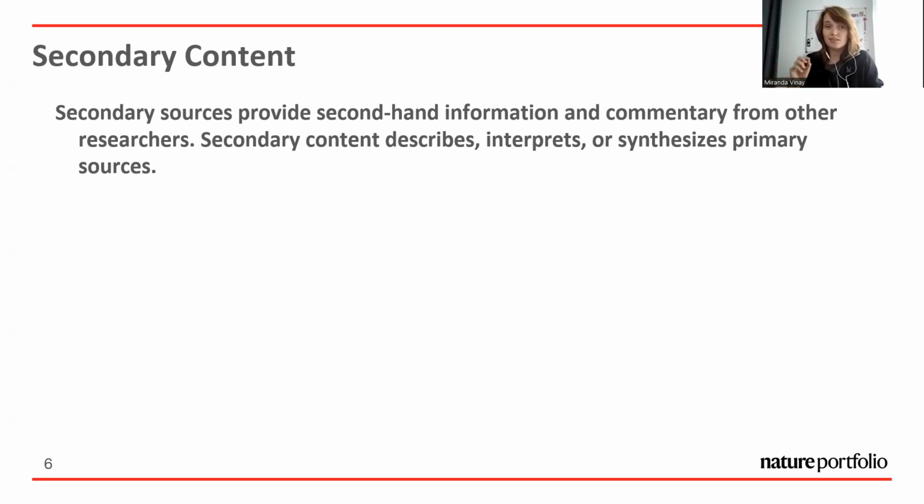Its purpose is slightly different. Secondary content describes, interprets, or synthesizes primary research. A good example of this would be a review article or a perspective article where you take a historical look at the literature and you compare how the literature has changed or evolved, or the major themes throughout the years.